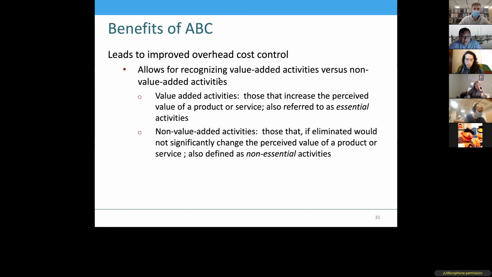So what's a value added activity? If those activities increase the perceived value of a product or service, these are the value added activities, also referred to as essential activities.